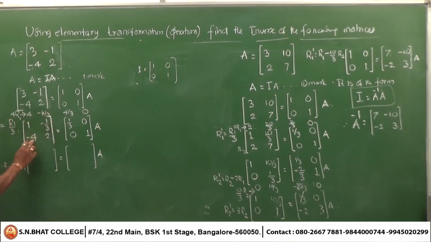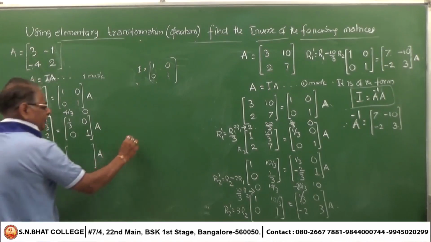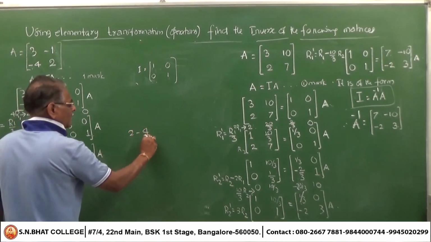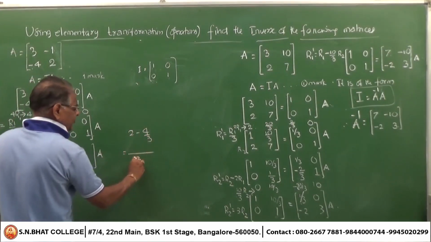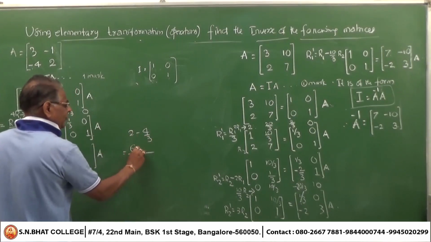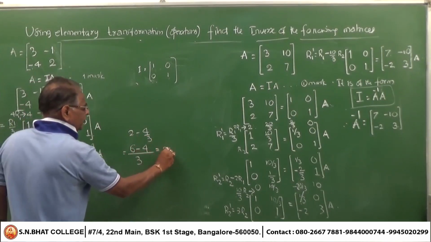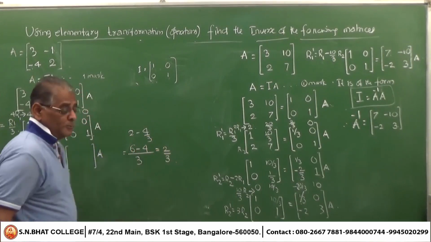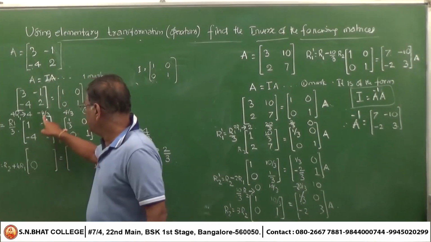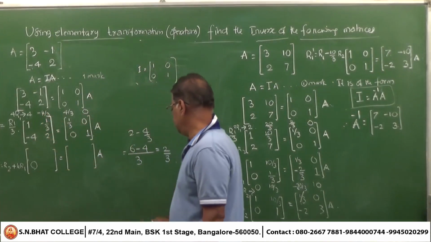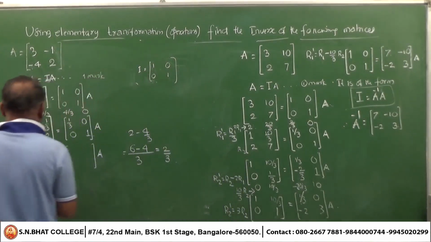I have calculated 4R1 here. Add to R2, minus 4 plus 4 becomes 0. This is 2 minus 4 by 3. LCM is 3, 3 into 2 is 6, minus 4, this becomes 2 by 3.